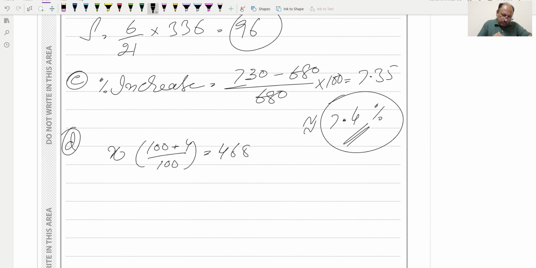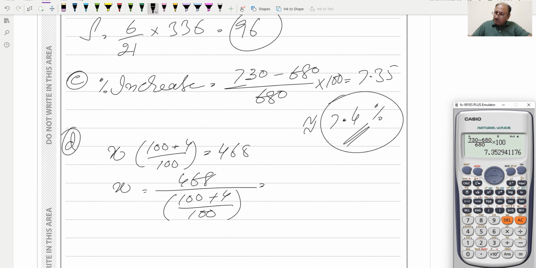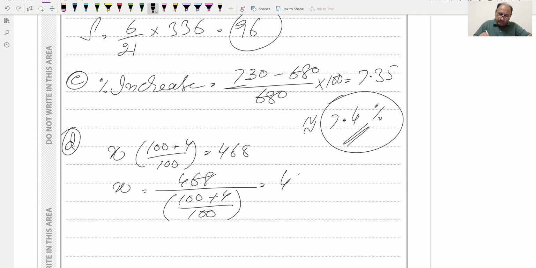Now we can calculate the X value. X will be equal to 468 divided by (100 plus 4 over 100), and this is equal to 450. So the original price was $450, but now it is 468.